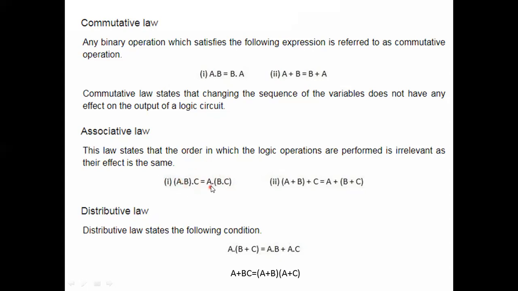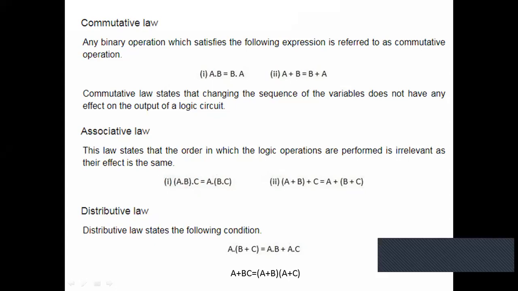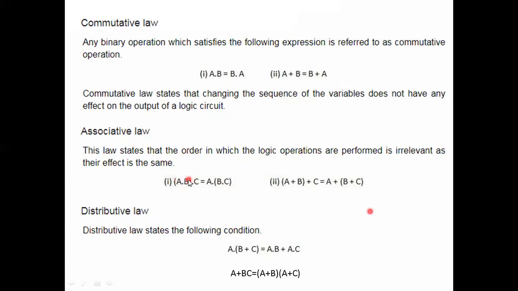Now we prove this. To justify any law, we draw the truth table. If we draw the truth table and get the same values for LHS and RHS, then we justify that theorem.